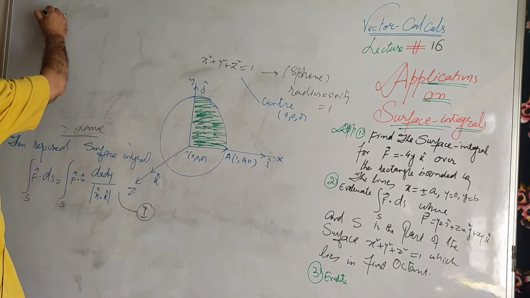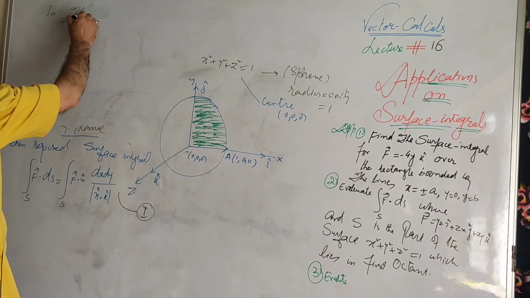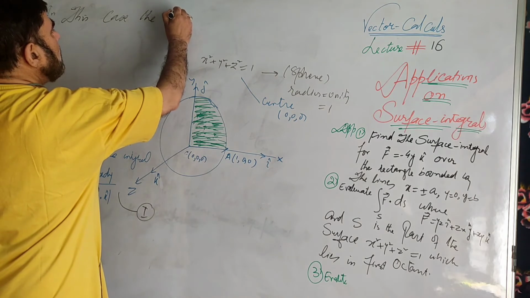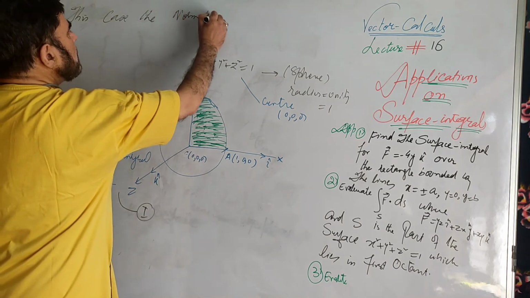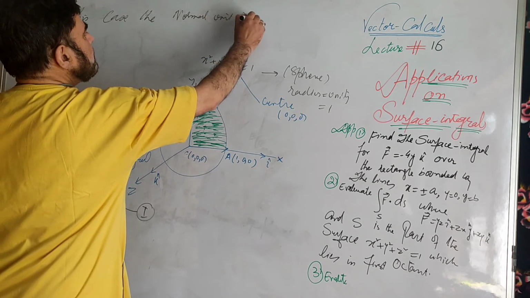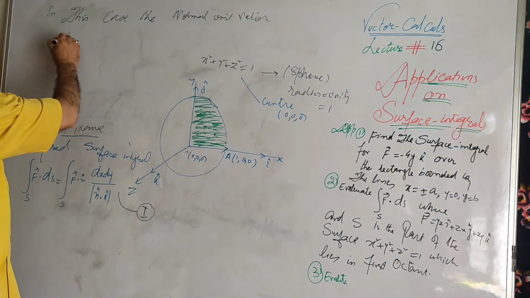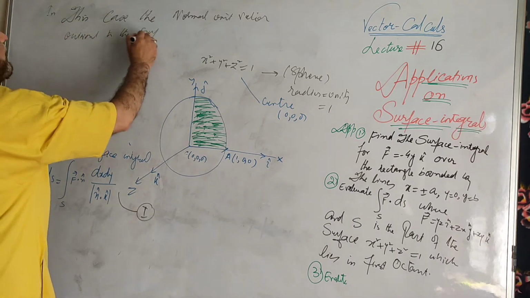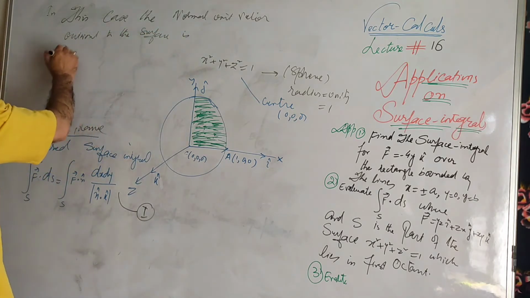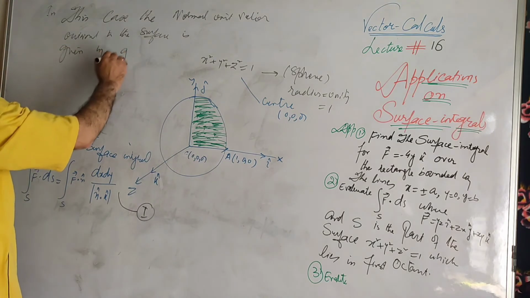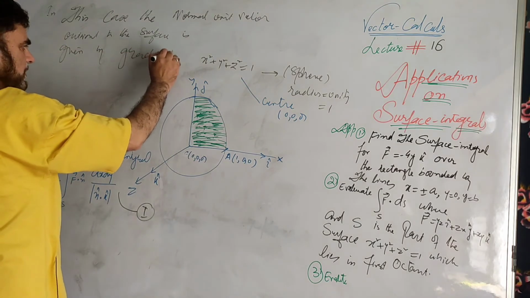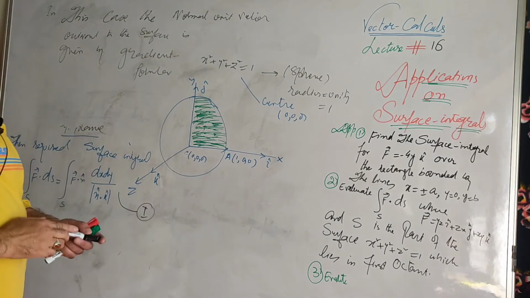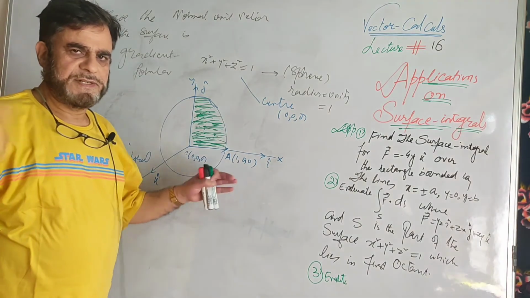In this case, the unit normal vector outward to the surface is given by the gradient formula. Please go to lecture 15 where I explained this fully.